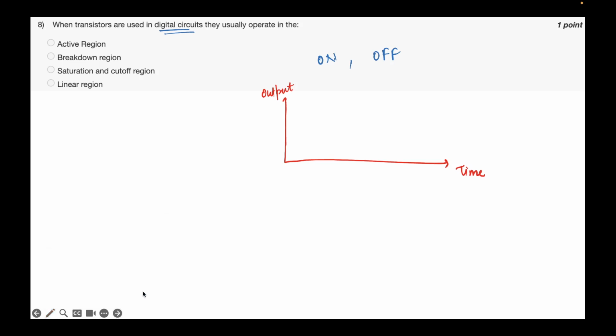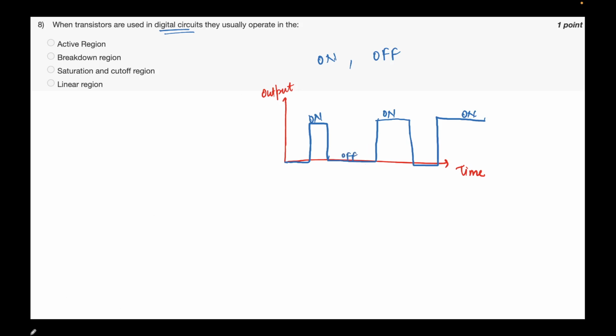There is no other secondary level. So this is low, meaning it's off, it becomes on, it becomes off again after some time, remains off, becomes on again, remains on for some time, becomes off, and then becomes on again, and let's say it remains on. So this is the on state I'm talking about, and this is the off state.